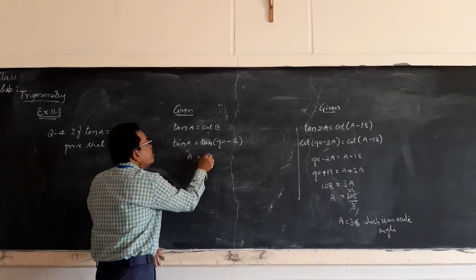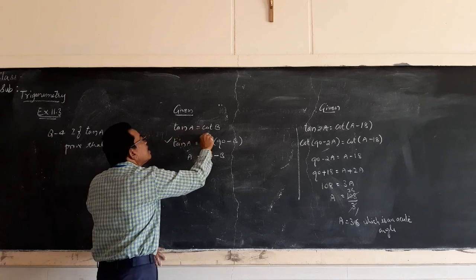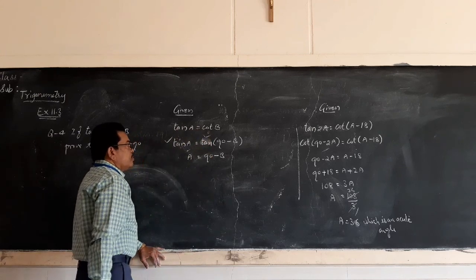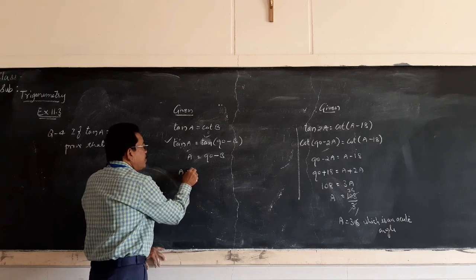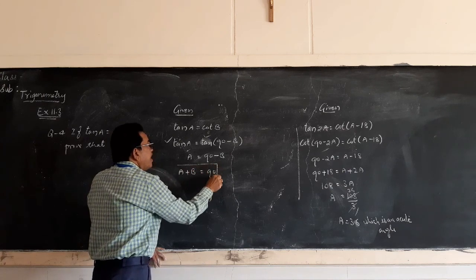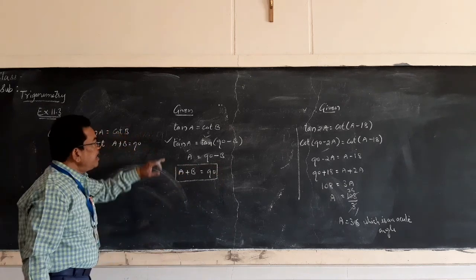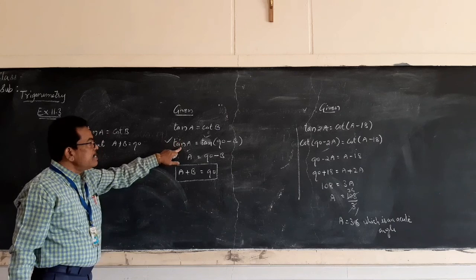A equals 90 minus B. So minus B transfers, that is A plus B equals 90. Hence proved. See, tan A equals cot B. Tan A I have kept as it is.